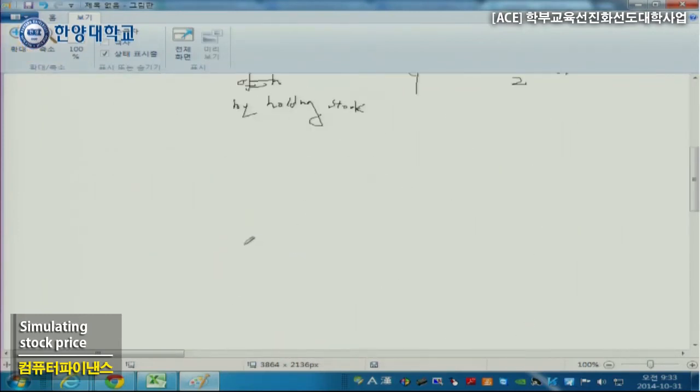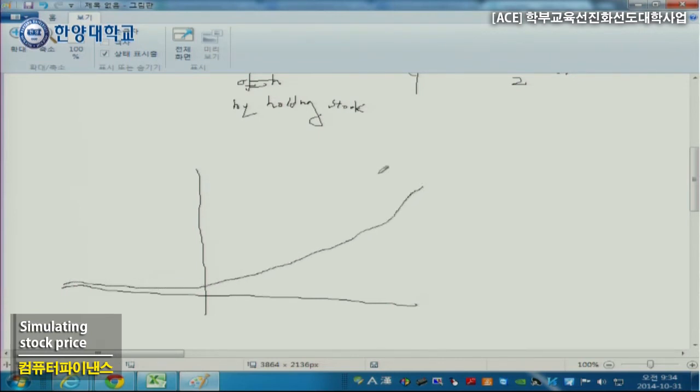Okay, so if you think about exponential function, it would look like this. So exponential function, it is the exponential of x.